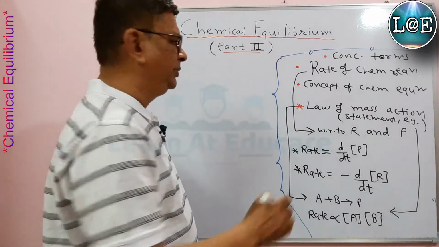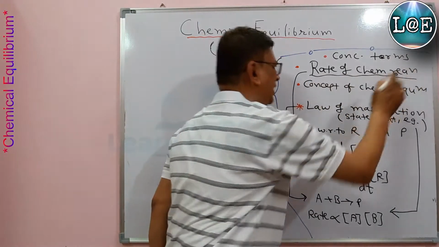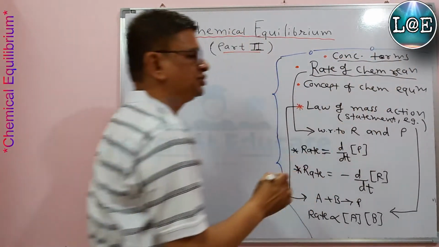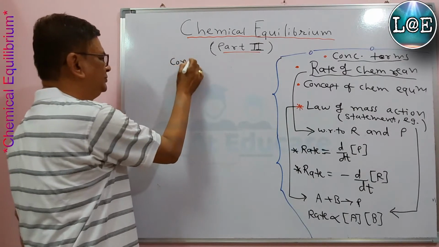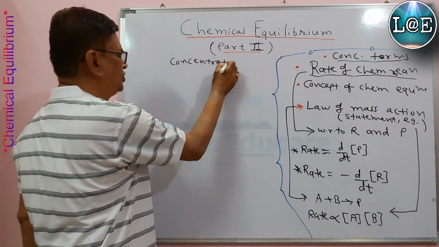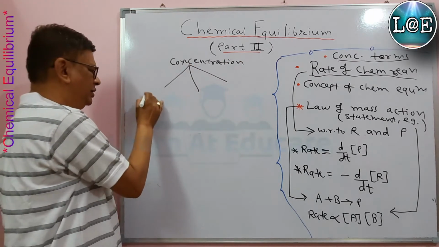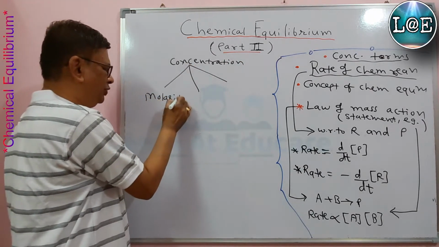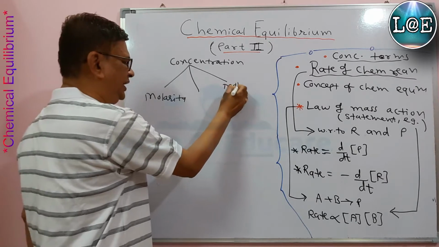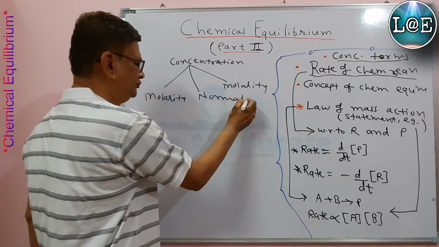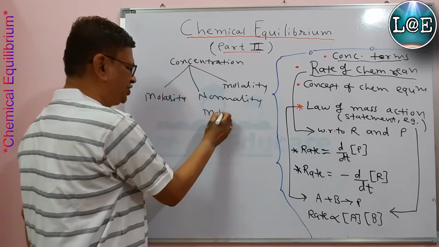In the chemical equilibrium, the rate of chemical reaction comes many times and it is related with concentration terms. In chemistry, the concentration terms mainly deal with many parts, but the main ones are molarity, then normality, then mole fraction.